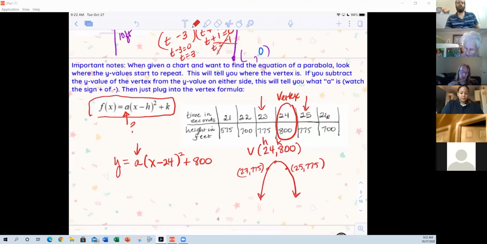For example, 775 minus 800 gives me negative 25, and that's my a. So the final equation is y equals negative 25 times x minus 24 squared plus 800.